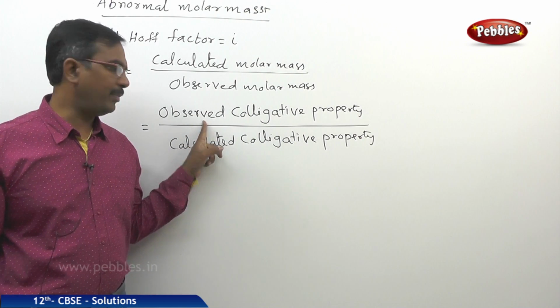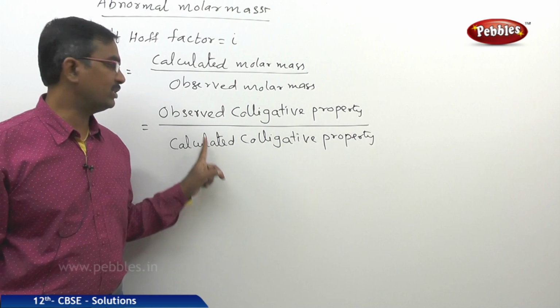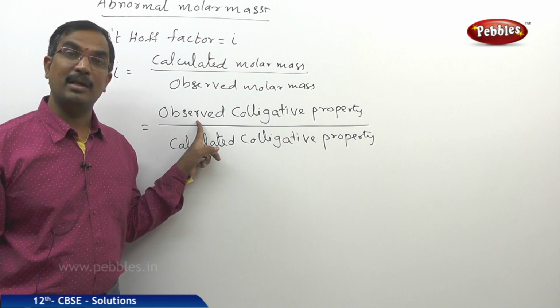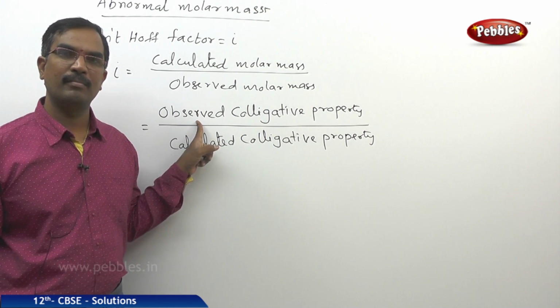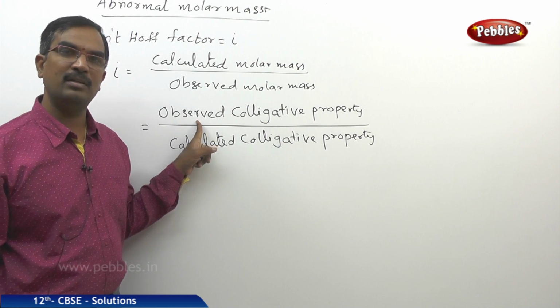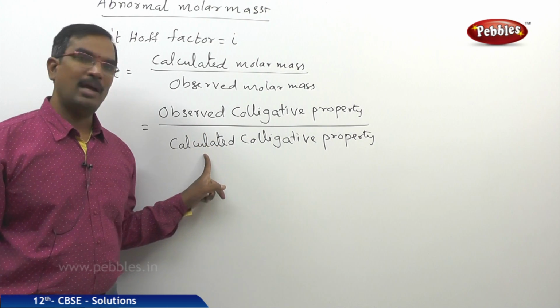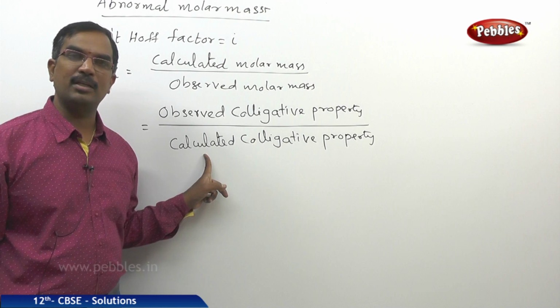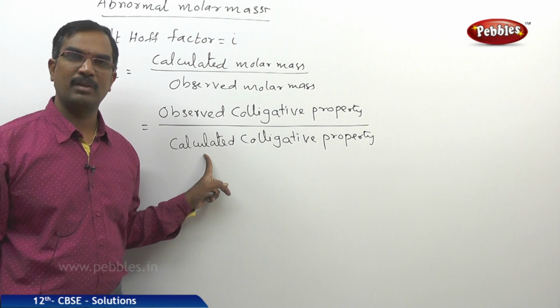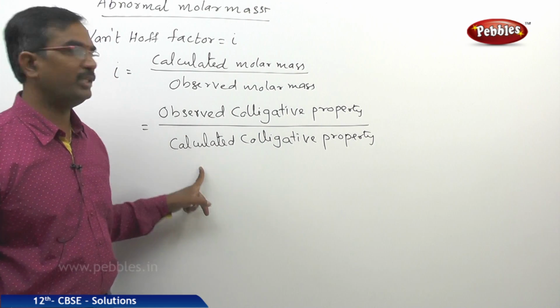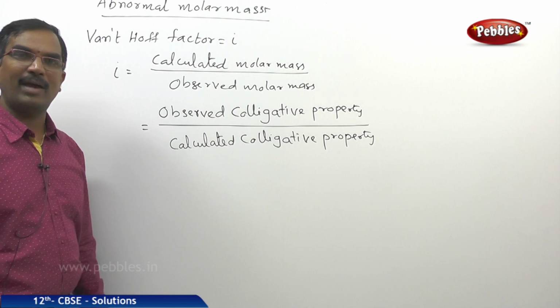The first one is nothing but the experimental value. The second is the actual calculated value by using a simple formula. So the ratio of these two is given by the Vant Hoff factor I.